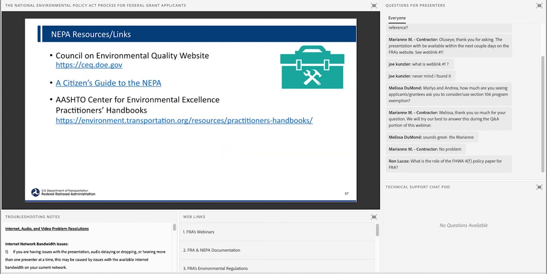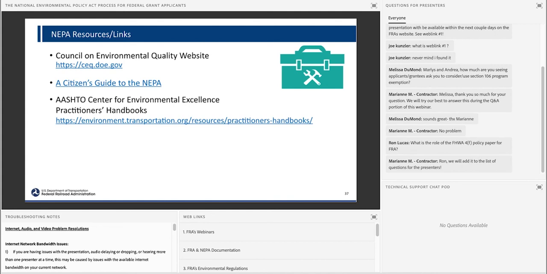And here's some more information that Marlis talked about: the Council on Environmental Quality, who oversees NEPA, and the Citizens Guide to NEPA, which is important to take a look at to see your role in project development. And then I always refer back to the AASHTO Center for Environmental Excellence Practitioners Handbook.